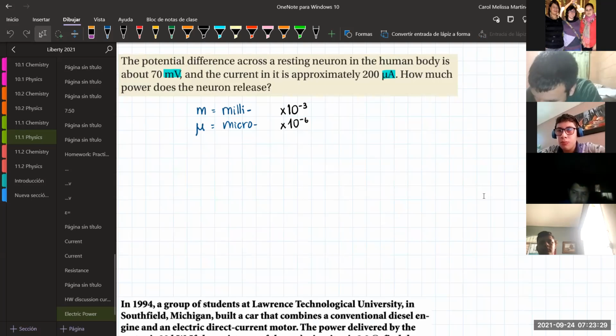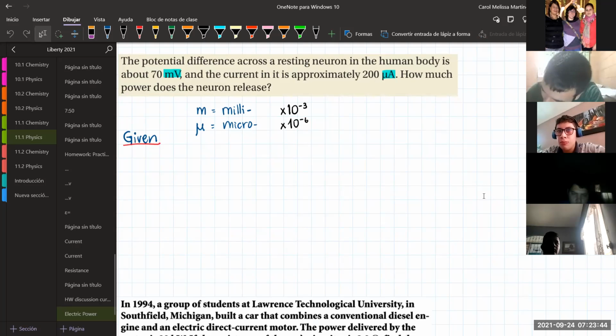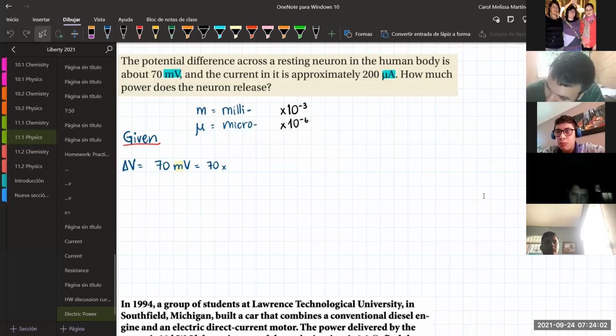It says the potential difference across a resting neuron is about 70 millivolts. I'm going to start writing my givens. Potential difference, 70 millivolts. We can do the direct conversion by replacing milli with its equivalence, so this will be 70 times 10 to the negative third power volts.